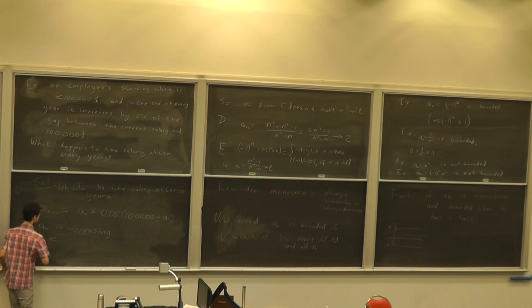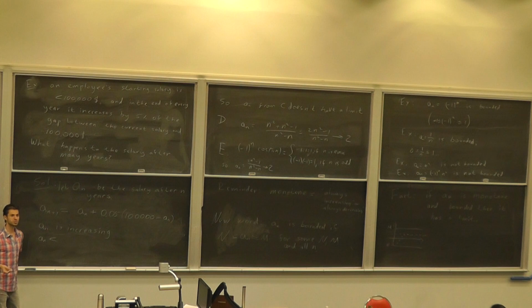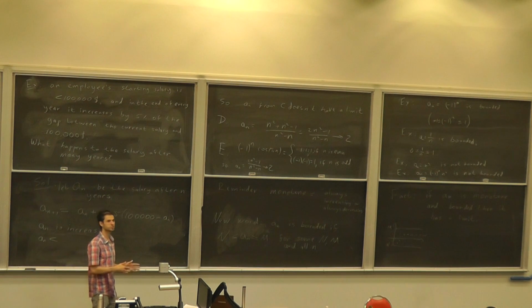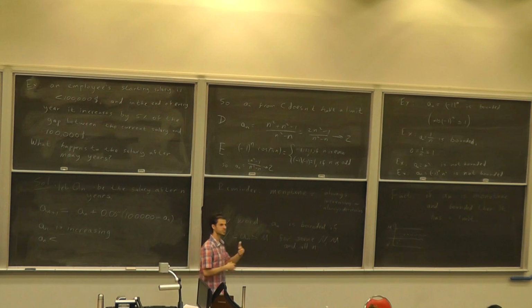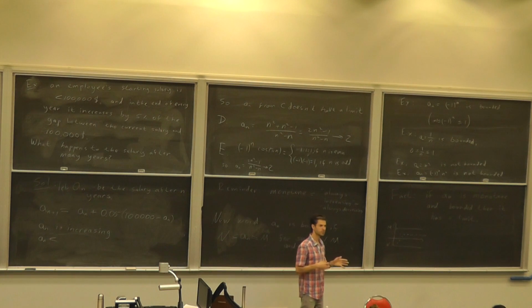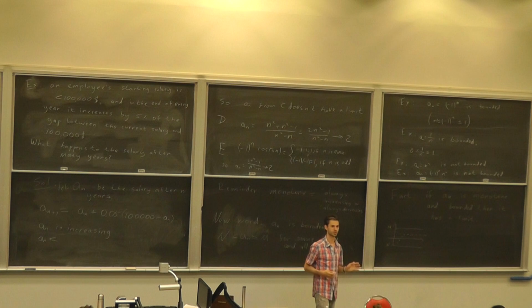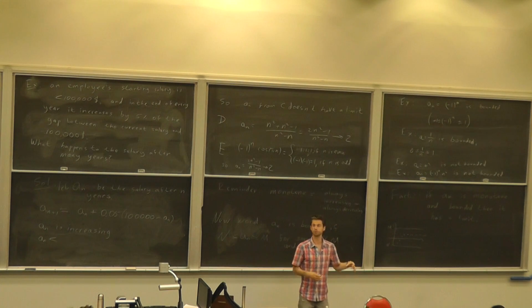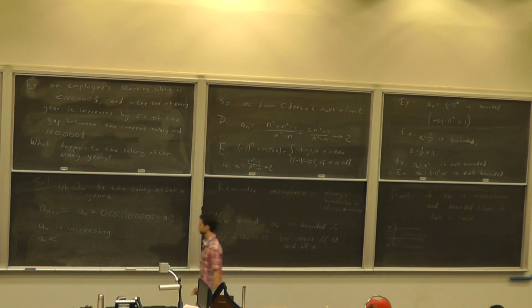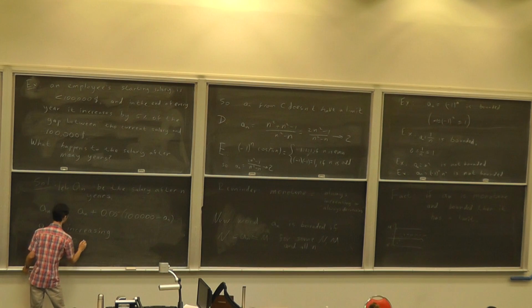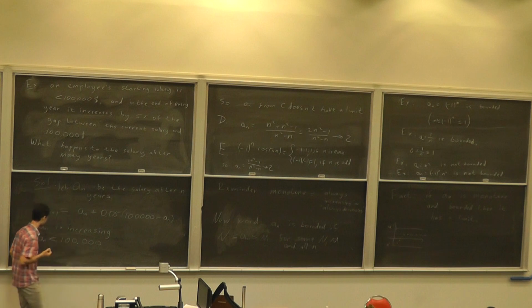Well, a_n is bounded by $100,000 because you started below $100,000 and then you increase the salary every year, not enough to jump over 100,000. You don't cover the whole gap, you only cover 5%. So a_n is smaller than $100,000. And it increases, so of course it is bounded from below by the initial salary.